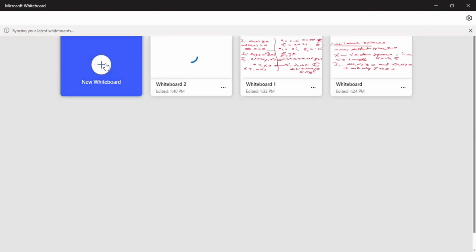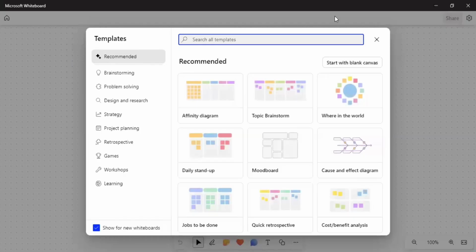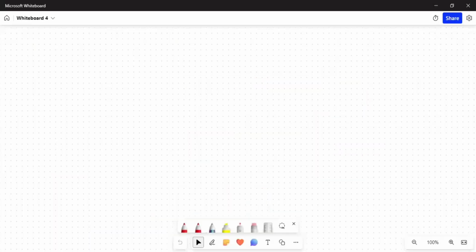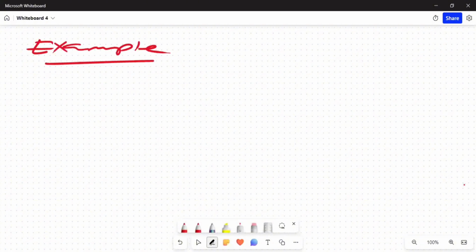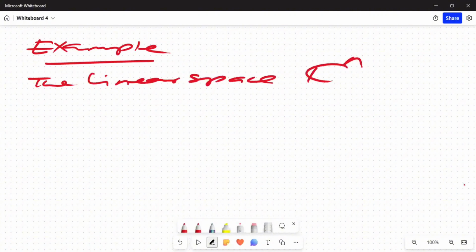I'll share another slide so we can proceed. Okay, fine. I have yet another example. Example: the linear space Cn.